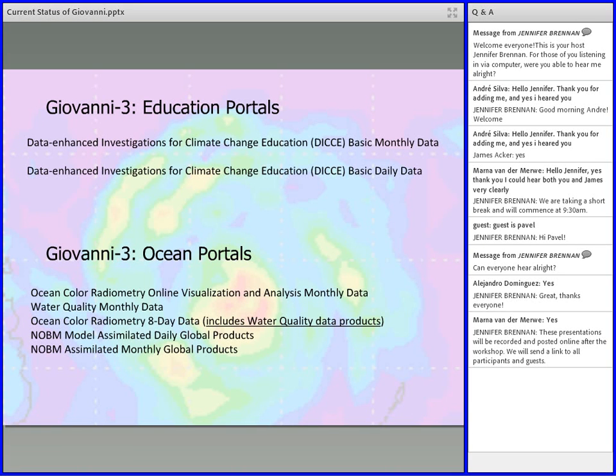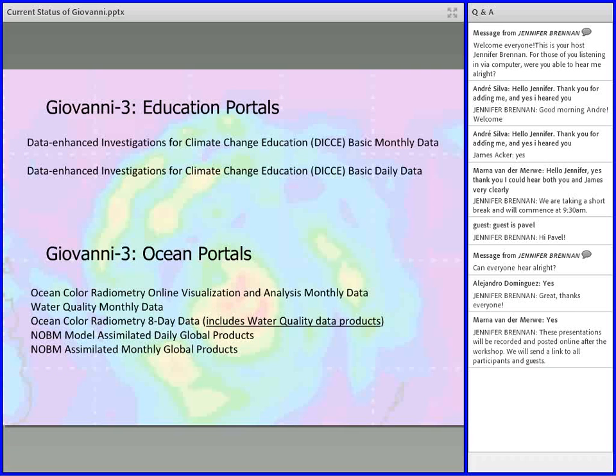We also have ocean data. We have regular data from MODIS Aqua, SeaWiFS, and we have some water quality products, which I'll talk about in my talk on Thursday. And I'd also like to say we are working with Cecile Rousseaux and Watson Gregg with the NASA Ocean Biogeochemical Model daily and monthly products, and we are right in the process of adapting those to be in Giovanni 4.